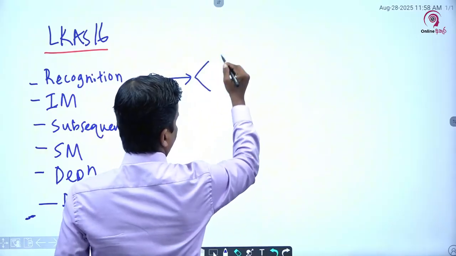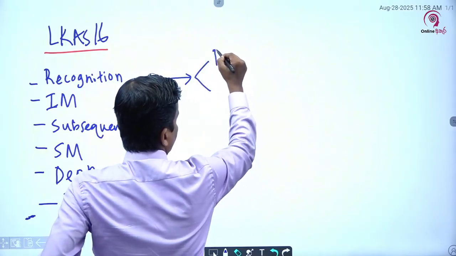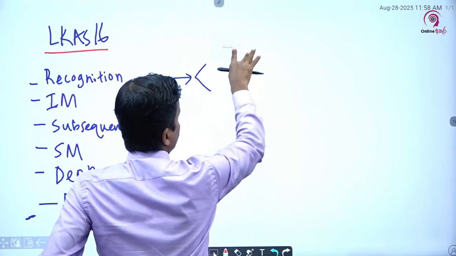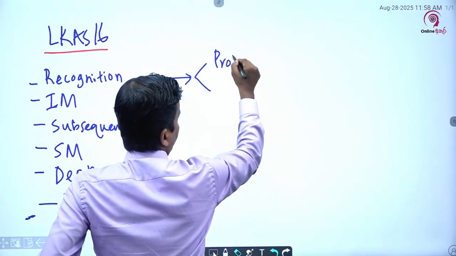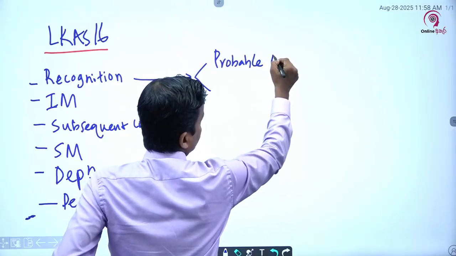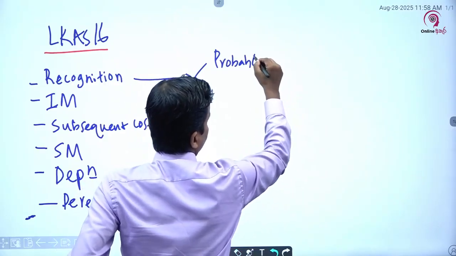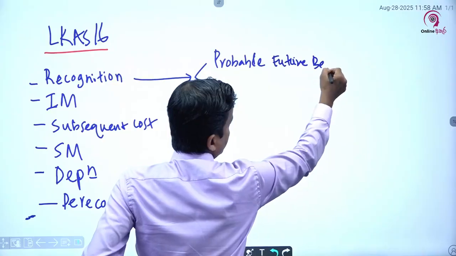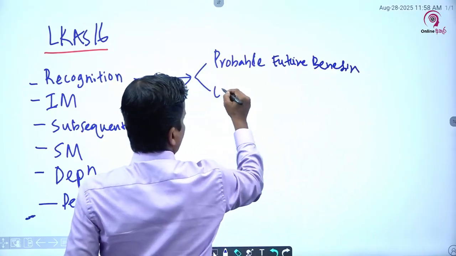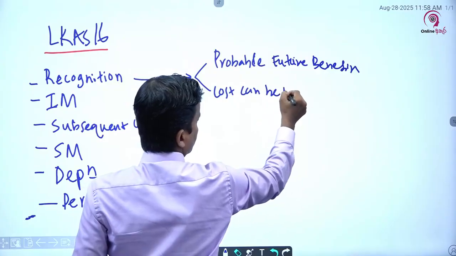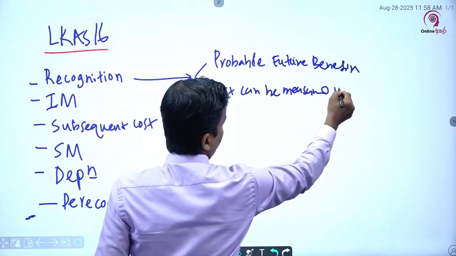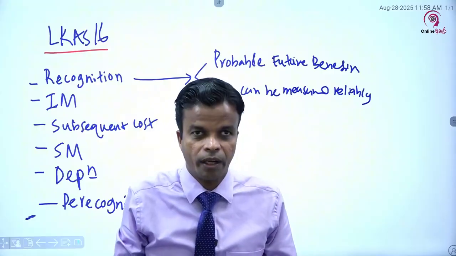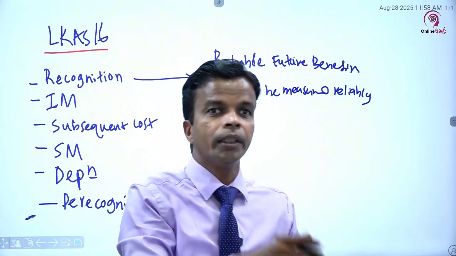First recognition criterion should be, it is probable that future economic benefits will be derived, and cost can be measured reliably. So those two criteria need to be satisfied for you to recognize an item as a PPE.